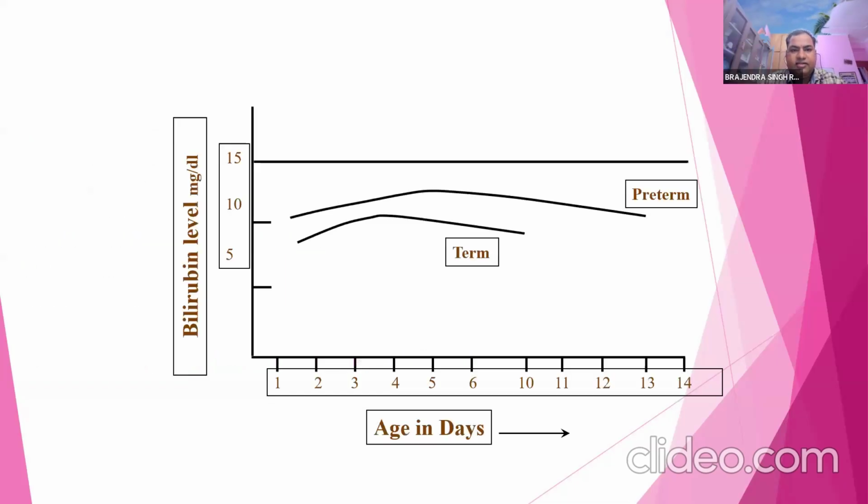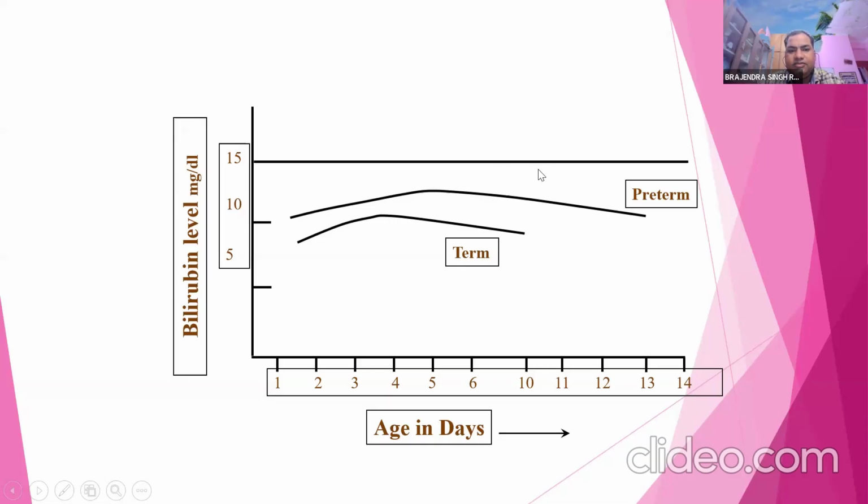This can be better understood by this graph. This is the graph showing bilirubin level and age on the x-axis. The first line above shows the cutoff of 15 milligram per dL, and the second one is preterm. This shows onset of jaundice and peak at 5 to 6 days, and it may persist till 13 to 14 days, and it is about to touch the 15 milligram per dL cutoff.